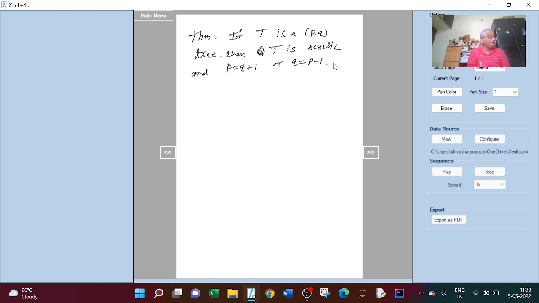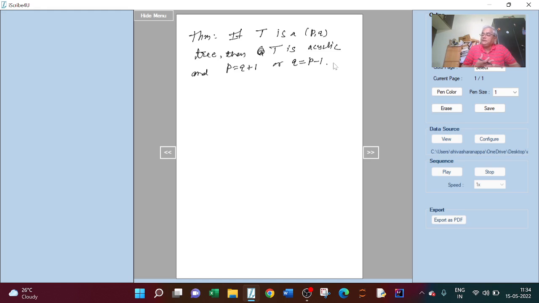So to prove this, we prove the result by induction on the vertices. First one, what is given here? T is a PQ tree, right? Then we have to prove that T is acyclic, and we have to prove that P equal to Q plus 1.